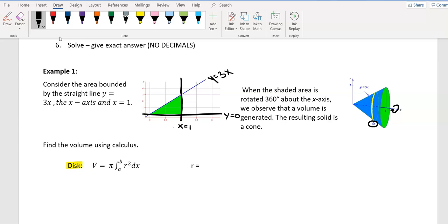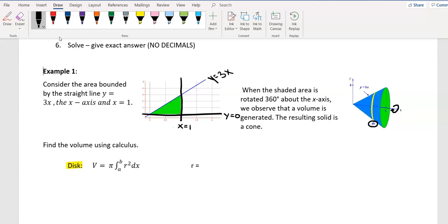Okay, so all of this together is telling us that we need to have everything in terms of x. We have it going around the x-axis. We have our dx, which is perpendicular to the x-axis, our slice there, and we have this function in terms of x. So let's do our volume for this 3D solid in terms of x.